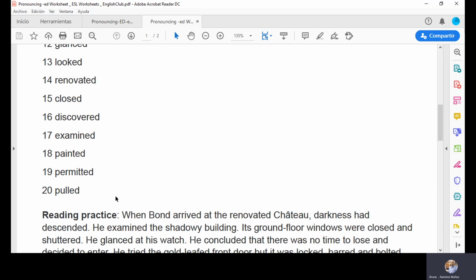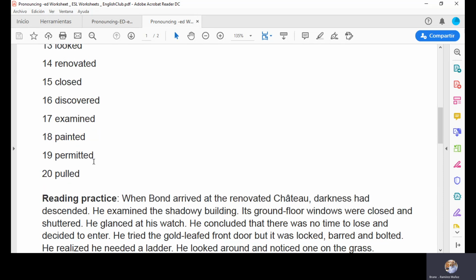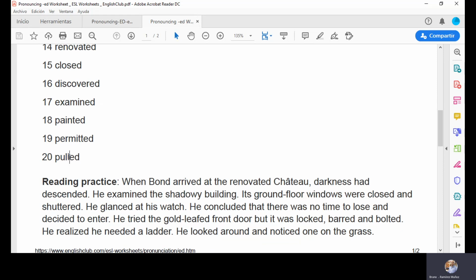Number 19, permitted, id, right? And number 20, pulled. We have a final voiced consonant sound, d, as the previous one is l. This letter is also voiced.